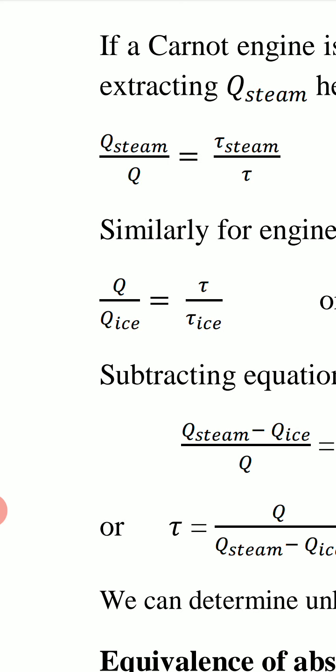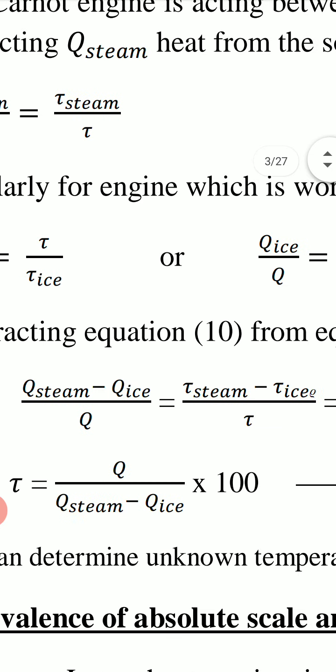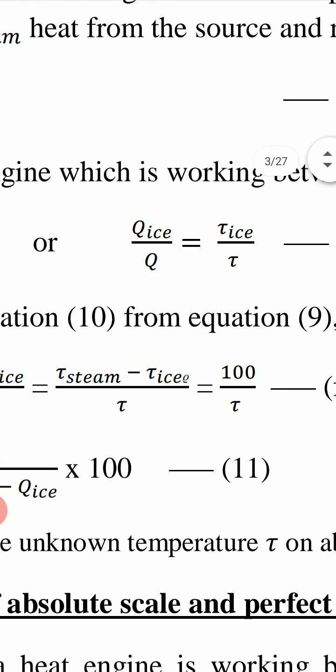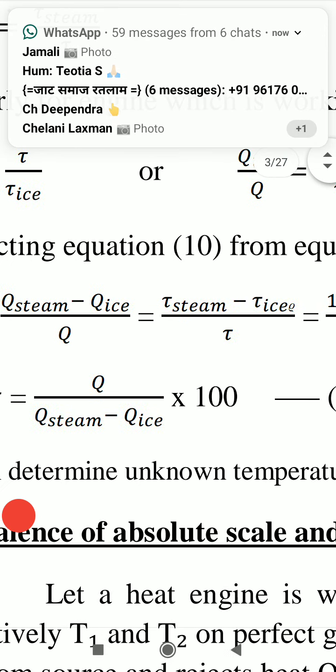Here Q is the heat extracted from the source of temperature tau, and Q ice is the heat rejected to the sink of low temperature, that is tau ice. If we invert this relation, we find that Q ice upon Q equals tau ice upon tau, and if we subtract equation 9 and 10, we find this relation.